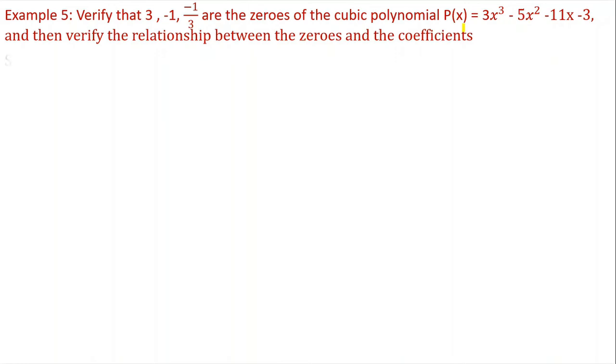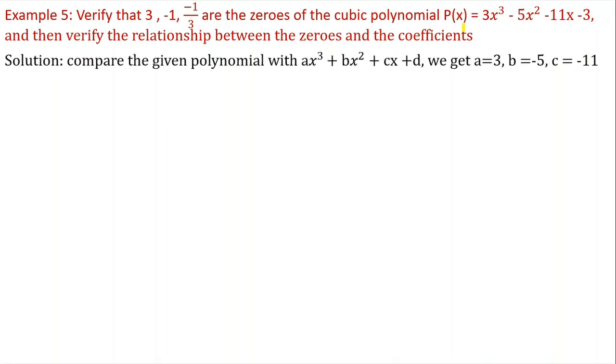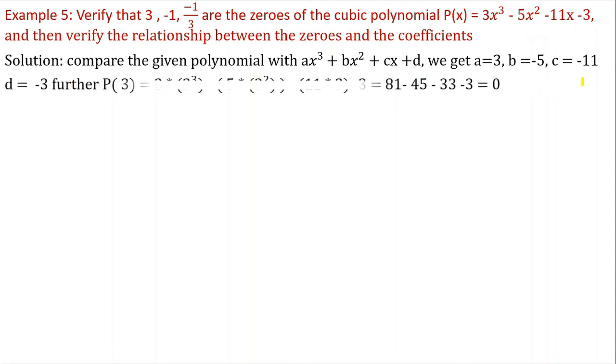Let us see. When we compare with the given polynomial, we obtain the value of a as 3, b as -5, and c as -11. Now we have to verify whether the given numbers are zeros or not.